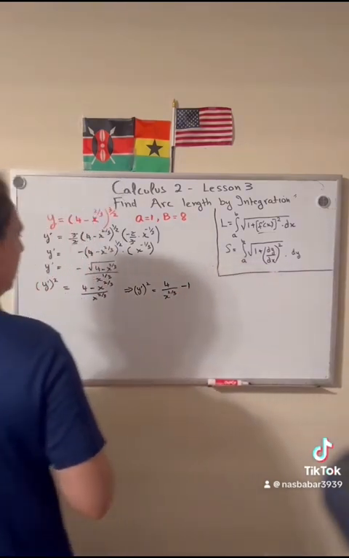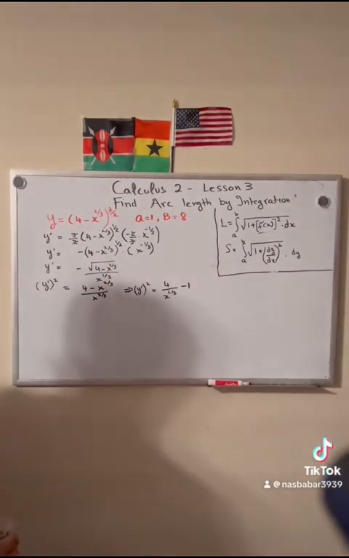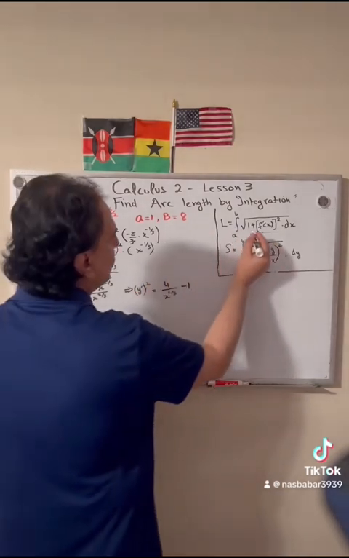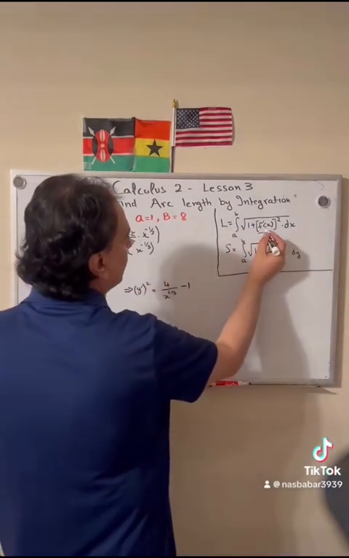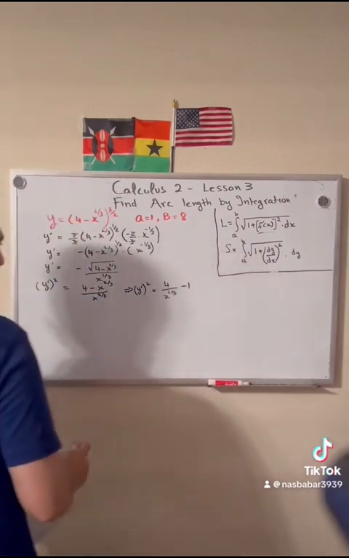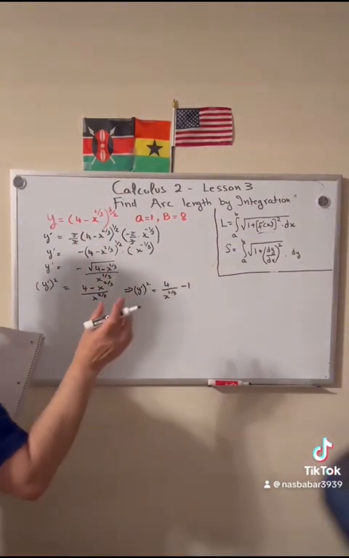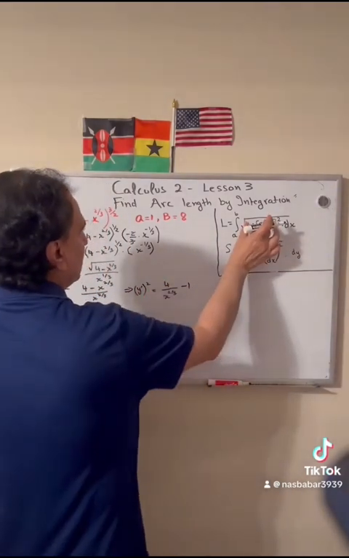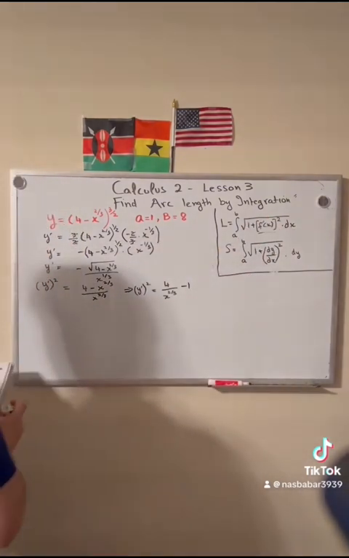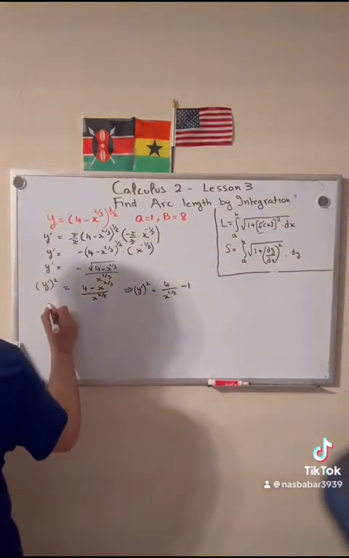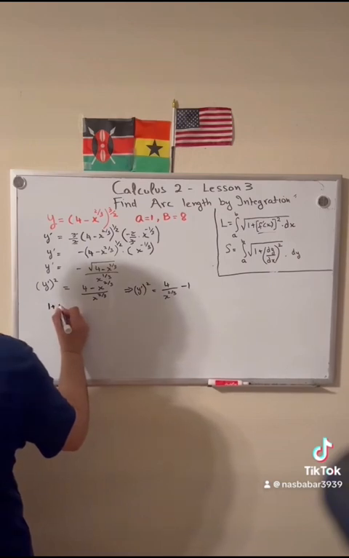All right. So now what we got to do is we got to use this formula right here, 1 plus function of x squared, so that we can put the value of that in this formula and solve for it. So then what we do is that we say 1 plus y prime squared, okay?